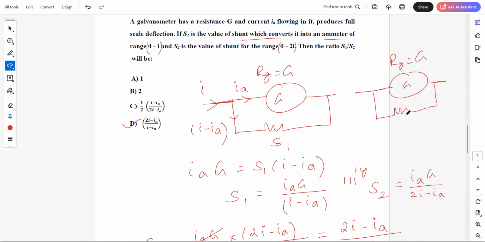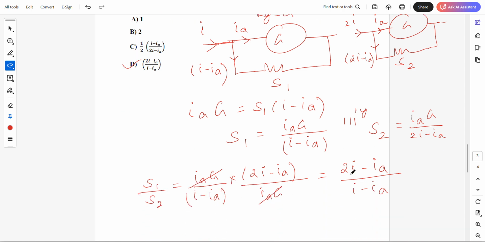How much flows here? 2I minus IA. Again, use the same formula: S1 is equal to IA into G divided by 2I minus IA. Now, this is the right answer. D is the right answer.